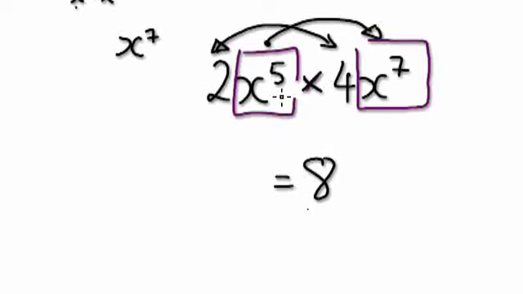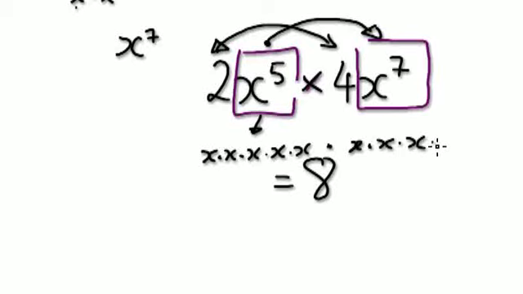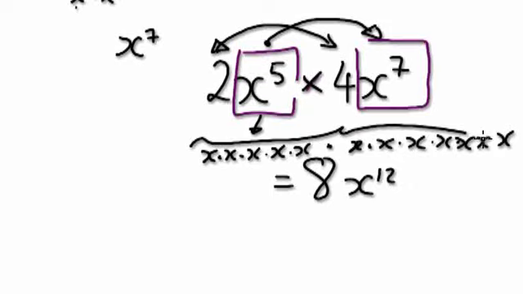Okay, and then 5. Well, x to the power of 5 is x times x times x times x times x, 5 times, and to the power of 7, well, you've got to times that to the power of, so x times x times x 7 times, so there 4, 5, 6, 7. So basically that's the same as me saying x to the power of 12, because they're 12 altogether.